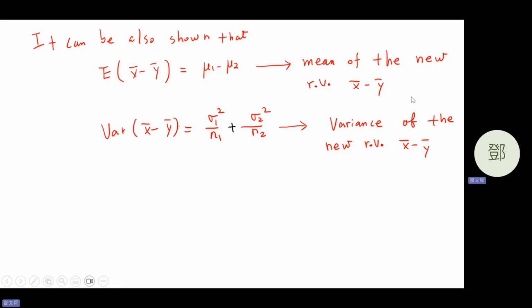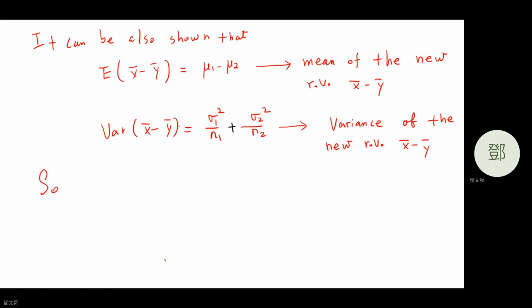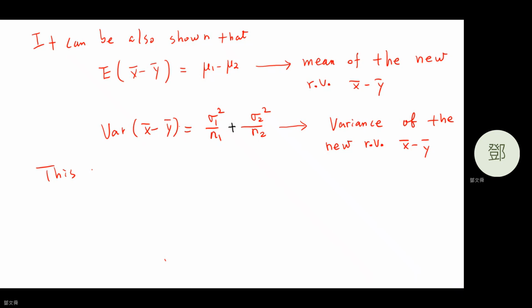Okay. So that's why x bar minus y bar has the normal distribution with first parameter mu1 minus mu2.